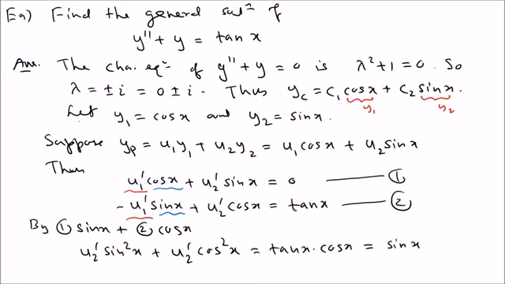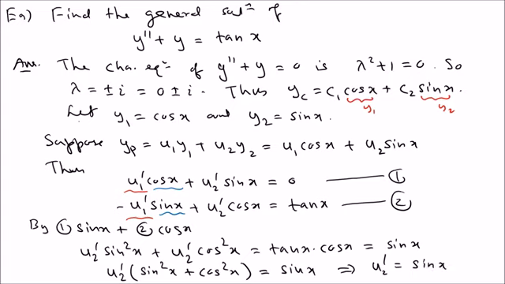And here, sine squared x plus cosine squared x is 1, so this implies u2 prime equals sine x. That's all you get. Now you take the integral, you get u2.